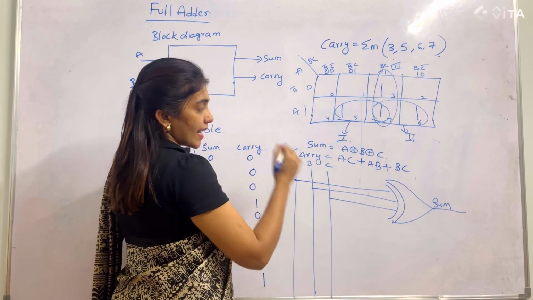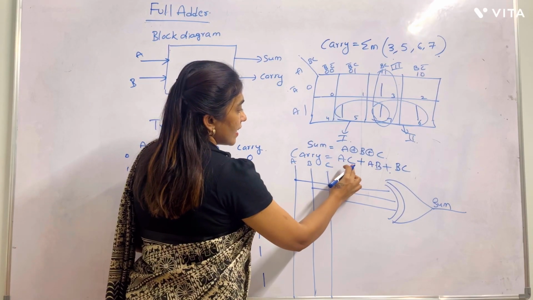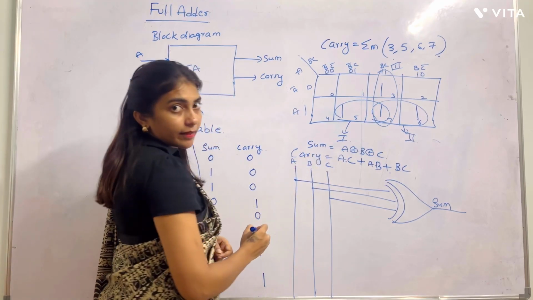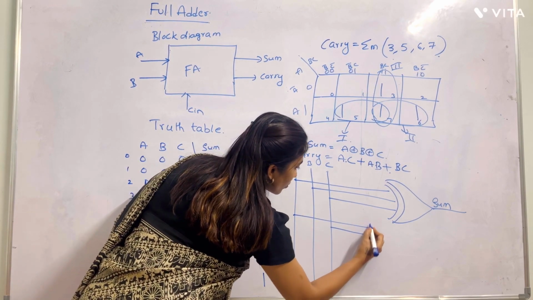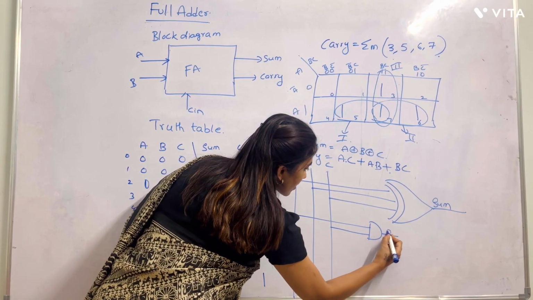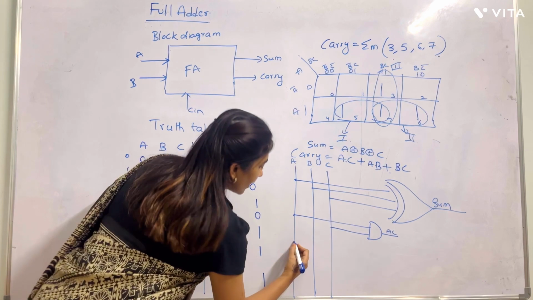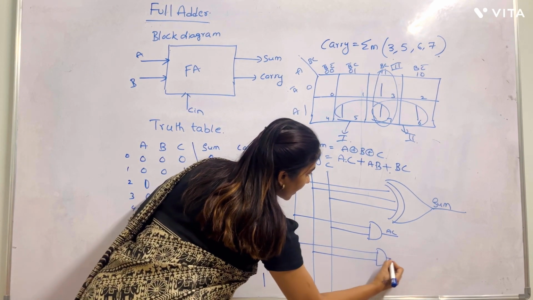The carry equation is AC plus AB plus BC, right? So AC: A and C are combined with an AND gate, and this is the output of AC. Next term, AB: A and B are given to one more AND gate.